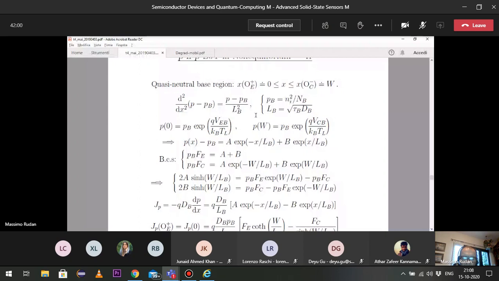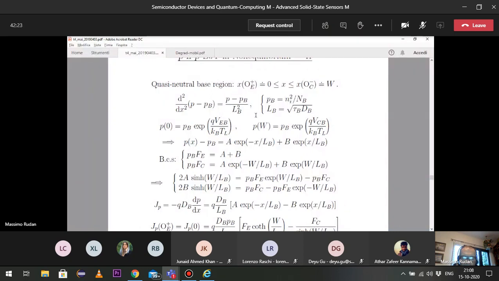Now you see that we start seeing the ratio W over LB. So this is why it is important to be able to compare the length of the base neutral region with the diffusion length of the minority carrier.